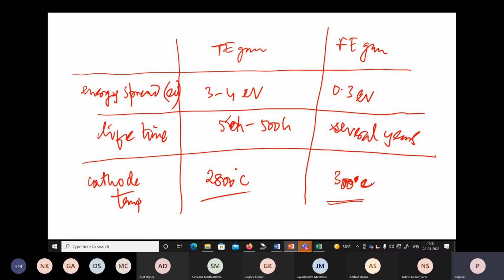Otherwise both the thermionic emitted gun and the field emitted gun will be oxidized, or there will be an oxide coating on top of the gun, which will deteriorate their performance. So for both reasons we need a very high vacuum in the chamber. Now that's all I have to say about SEM.